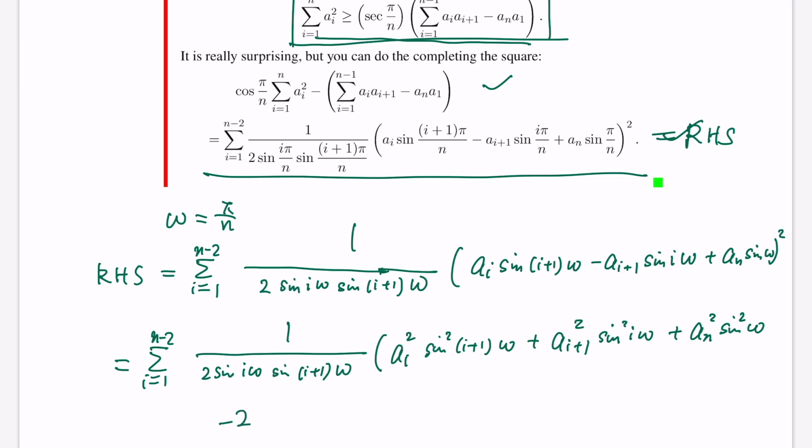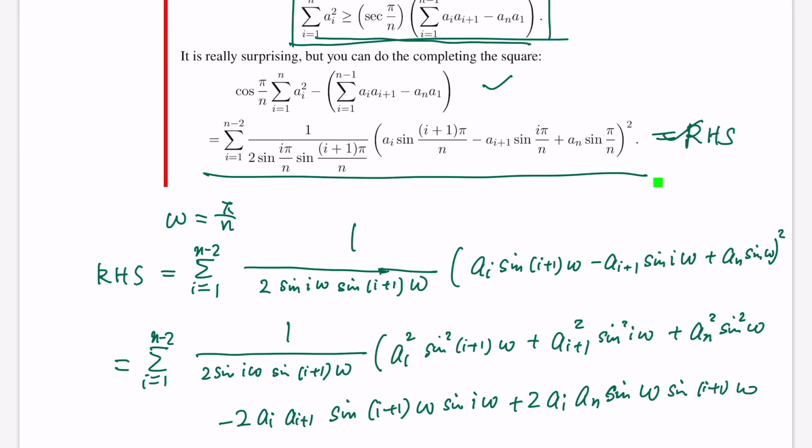And the minus 2 a_(i plus 1) sine (i plus 1) omega sine i omega, plus 2 a_i a_n sine omega sine (i plus 1) omega. Am I right? Yes. And the minus 2 a_(i plus 1) a_n sine i omega sine omega.